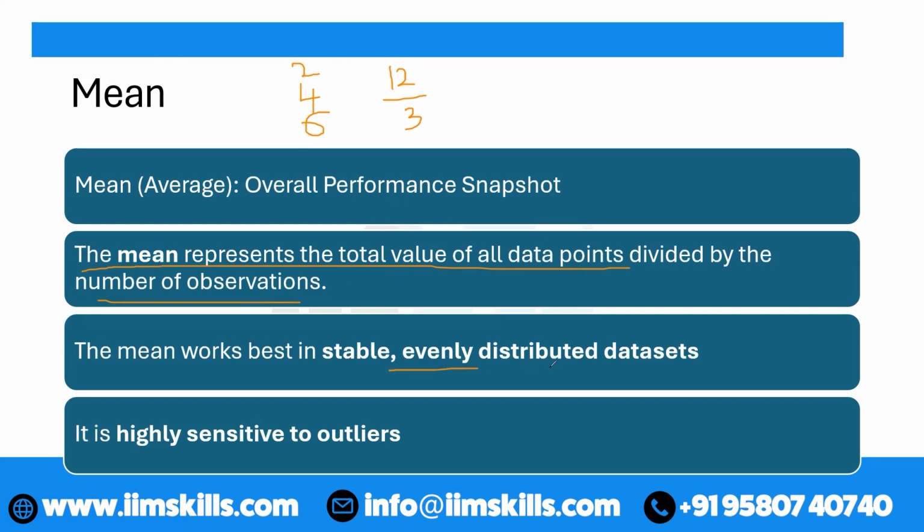This is very, very important. What are evenly distributed data sets? Let's say you are dealing with A grade students, the students who have got above 80, and their maximum marks would be, let's say, 99 or 100, but they are in the same category.